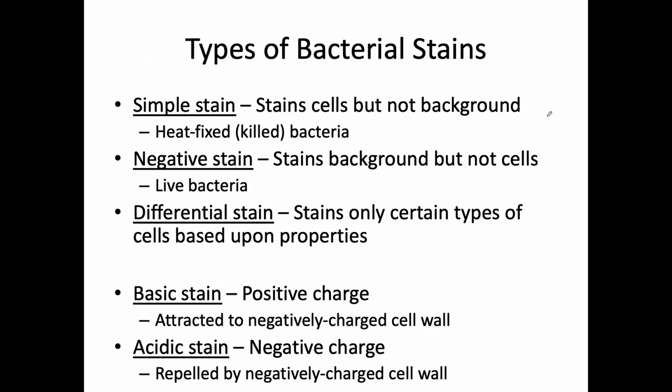Okay. Some stains that we've talked about, right? A simple stain will stain the cells, but not the background, while a negative stain will stain the background, but not the cells, okay? Live bacteria can be used here.